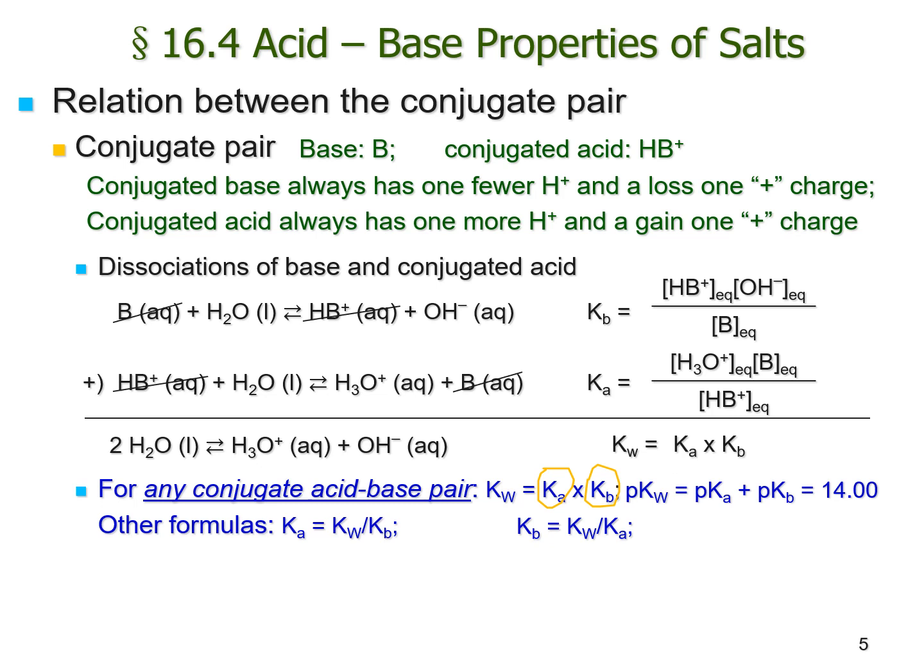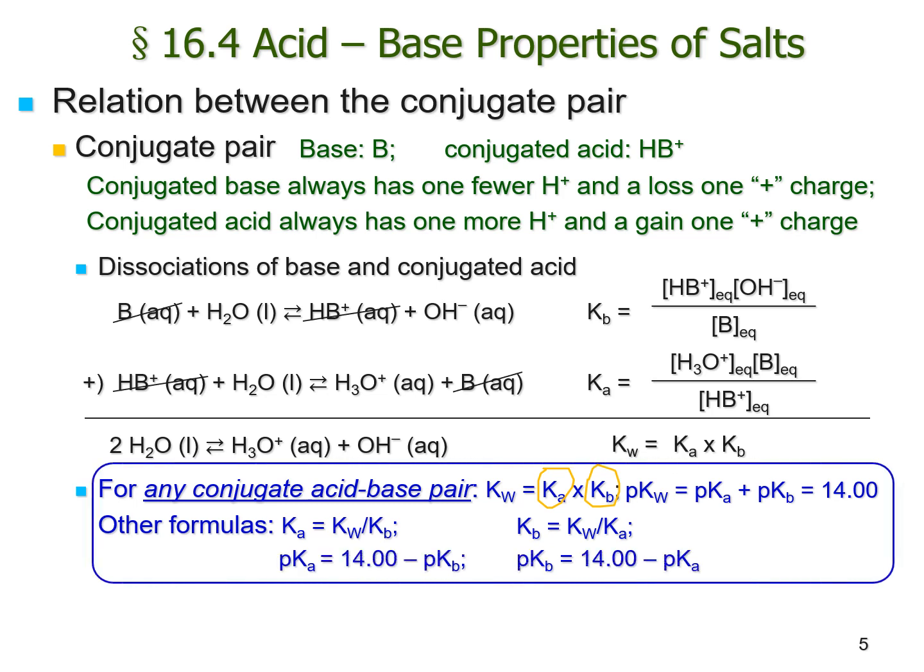Remember, this matches the conclusion that we drew in the very beginning of the chapter. When we talk about conjugates, the stronger the base, the weaker its conjugated acid. The weaker the acid, the stronger its conjugated base. So this Kw equals Ka times Kb is the mathematical proof. All right, so there's a whole bunch of derivations of this equation.